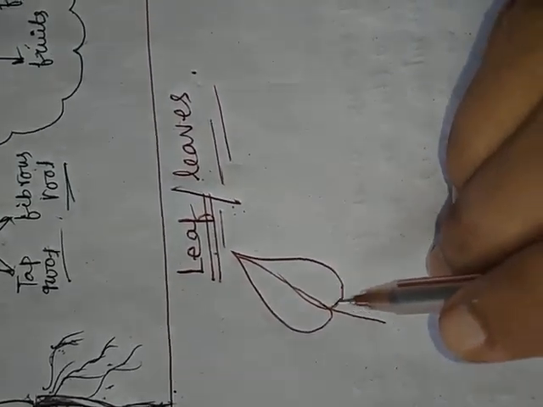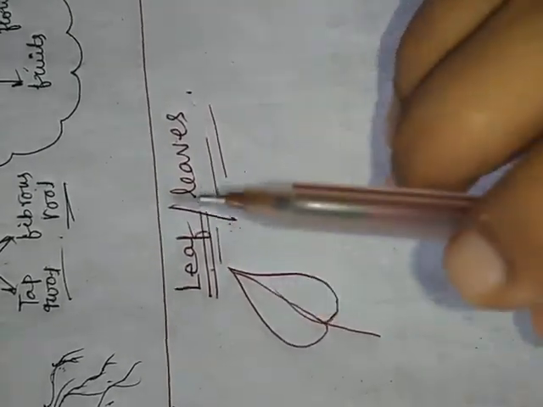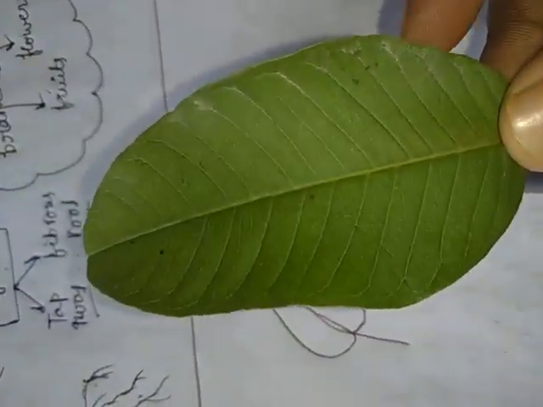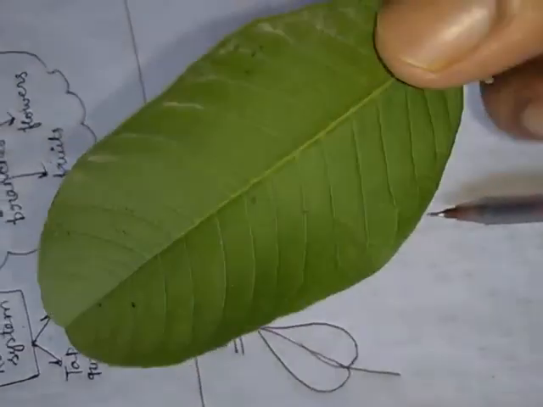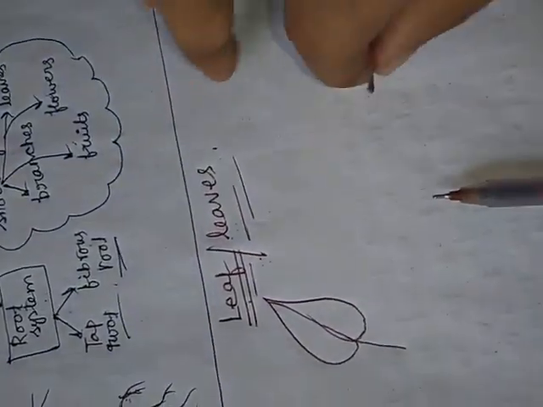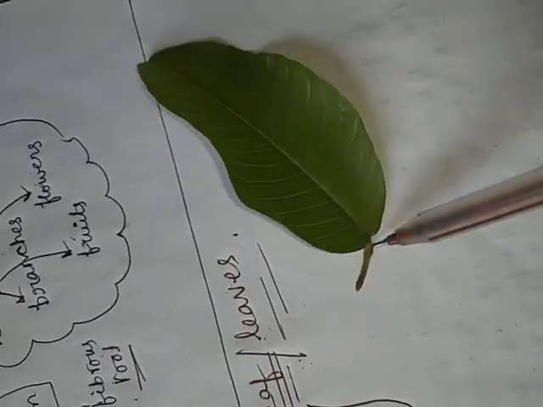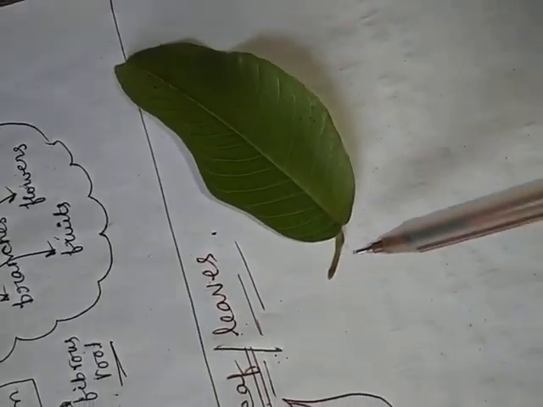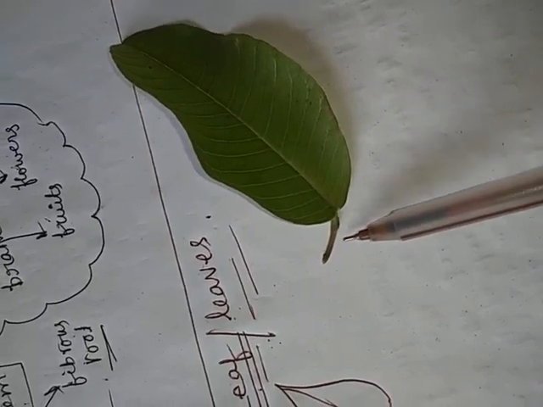But now we have to know what the different parts of a leaf are. Suppose this is a leaf of a guava tree. You can see this portion through which it is attached to the stem.